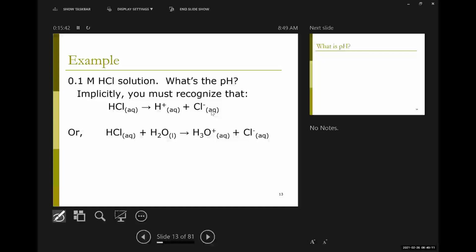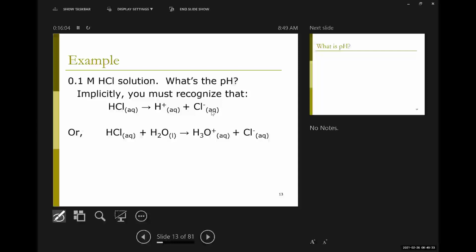but because of my good old special feature that all of a sudden, if I'm in an aqueous solution, the water plays a role. If I throw HCl, which is an acid, into water, right, whether I want it or not, the HCl will react with the water. Can't help it.